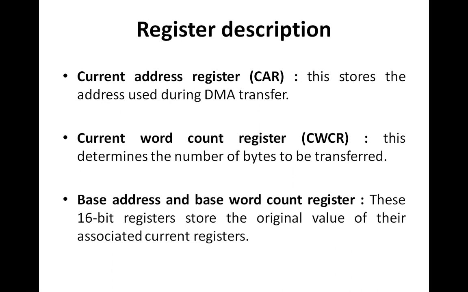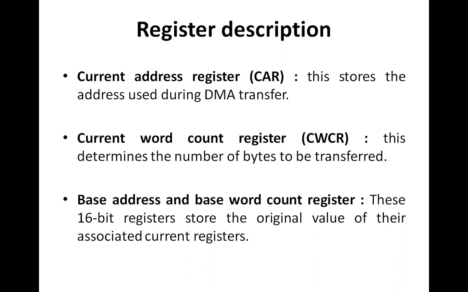So the second one is the current word count register. This register is also available in every channel along with the current address register. It determines the number of bytes to be transferred from one place to another. Suppose the source is a memory, and from the memory we have to transfer the data.